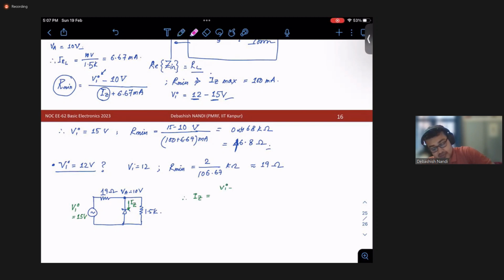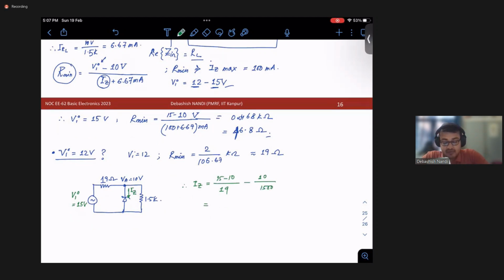So it is nothing but 15 minus 10 by 19 minus this 10 by 1500. That is, Iz is nothing but 5 divided by 19 minus 10 divided by this. This is coming out to be 256 milliampere.